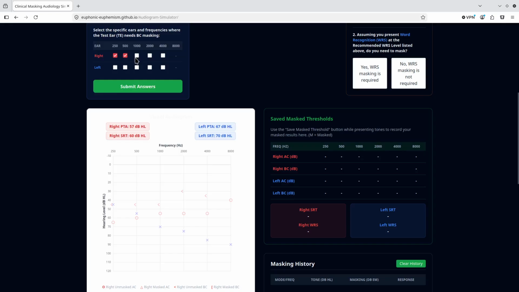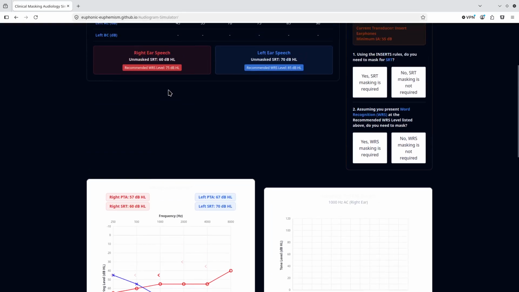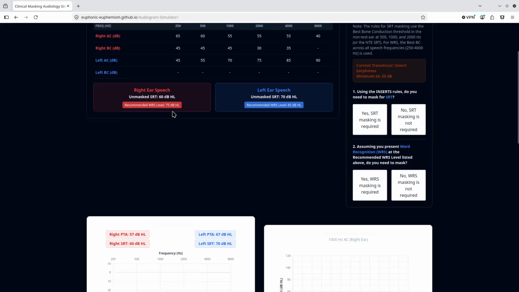Left ear at 1,000 hertz, and not the right ear at 1,000 hertz. And then both ears at 2,000 hertz. And then 4,000 hertz. We also need to do both ears at 4,000 hertz here. So quite a few for that. Let's see if these are the right answers. Oh, yep, we didn't get any error messages, so we got all the right answers there.